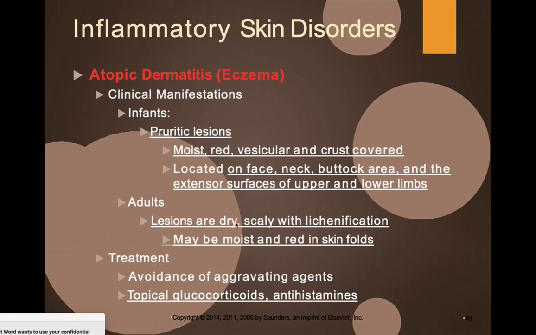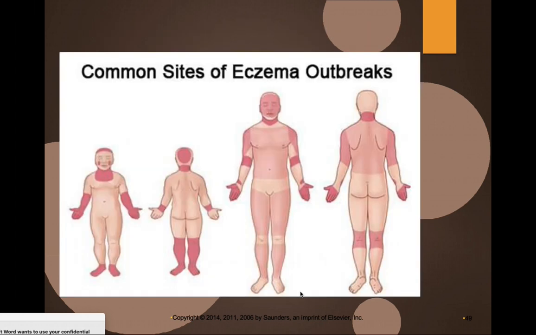With adults, the lesions are dry and scaly, and it can thicken up. That's that lichenification that we showed you earlier, that we saw associated with people with OCDs as well. The treatment is obviously to try and avoid the aggravating agent, and then topical glucocorticoids as well as the antihistamines.